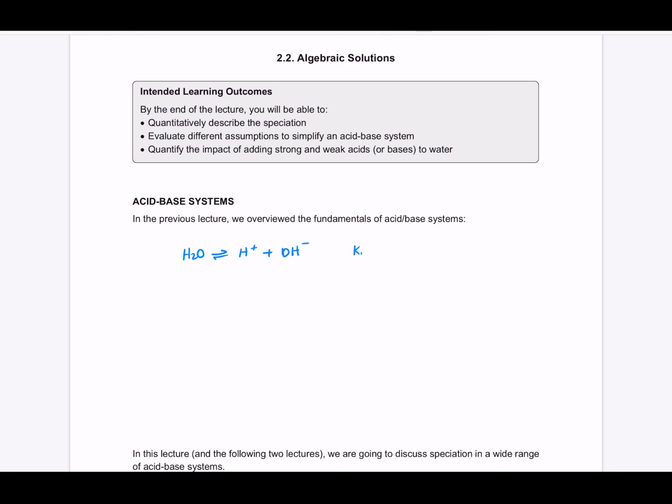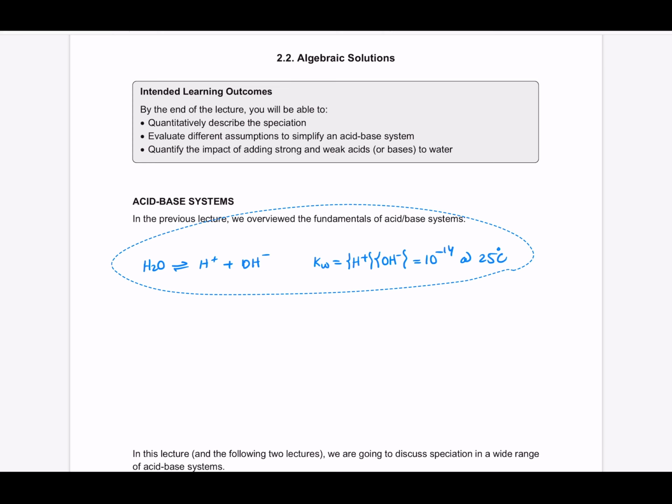And we also described this special designation of Kw to relate the activity of proton and hydroxide. And we mentioned that this is basically 10 to the minus 14 at 25 degrees Celsius. And this changes because the K value is temperature dependent.